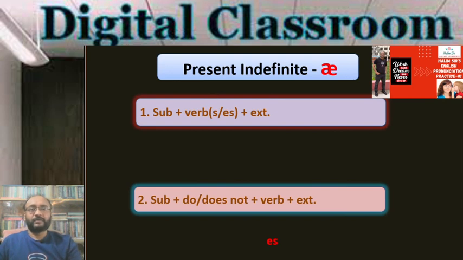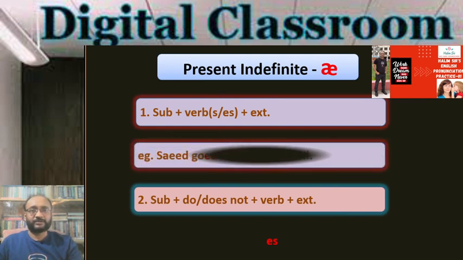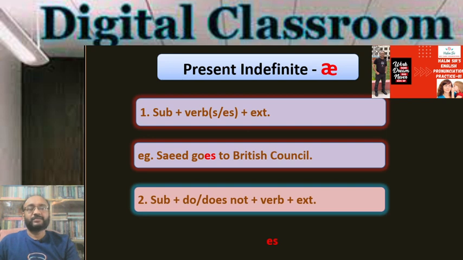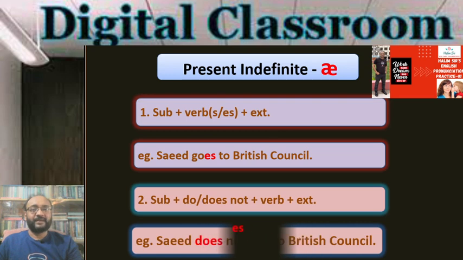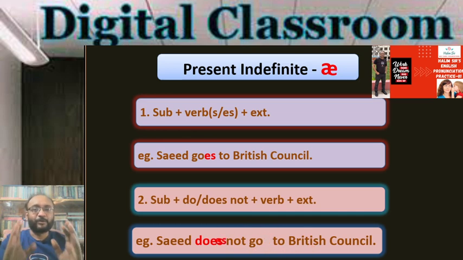Okay, now structure. An example also you will get: subject plus verb s/es plus extension. That means Saeed goes to British Council. If you use not, at that time the s will be taken by do. So do will be does, and goes will be go.